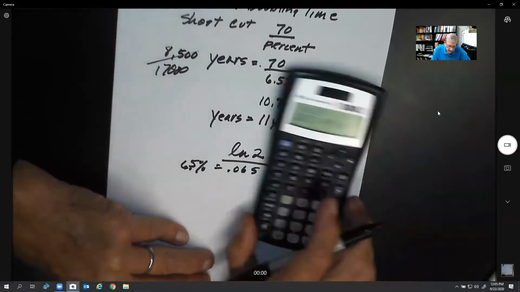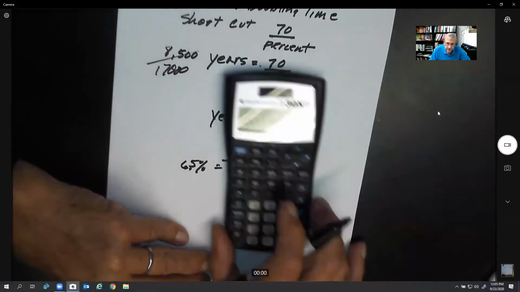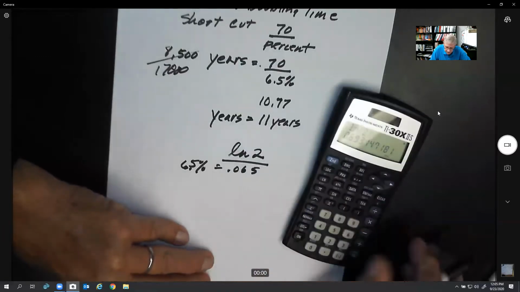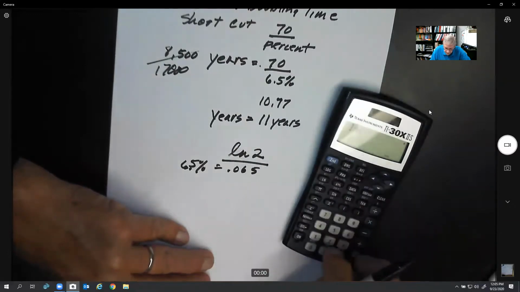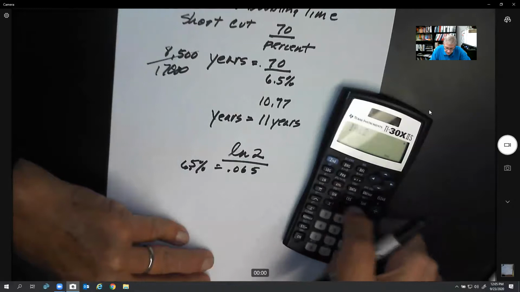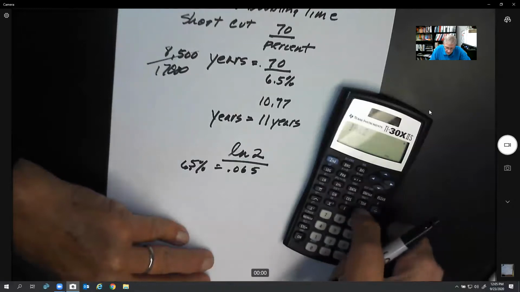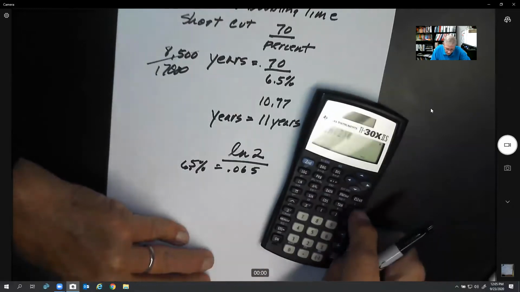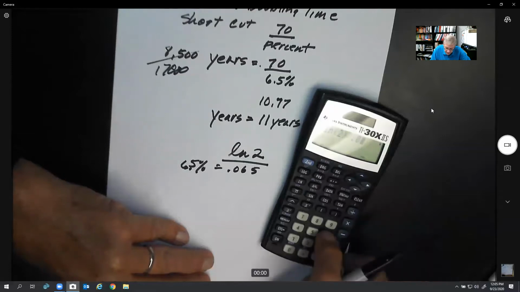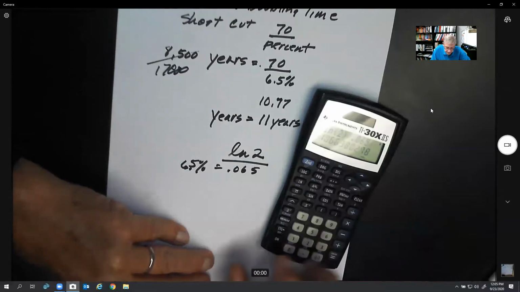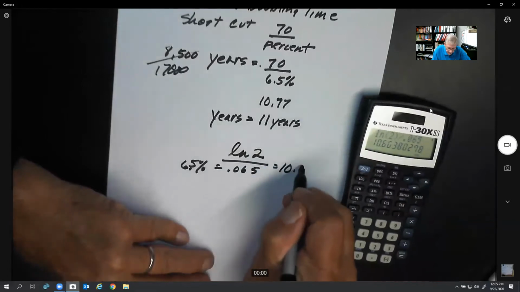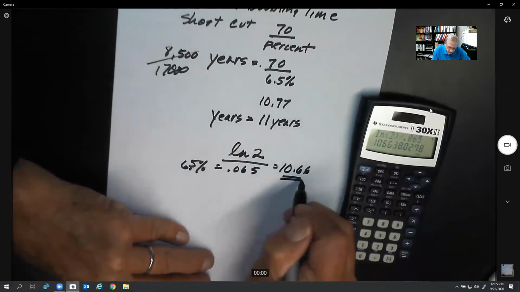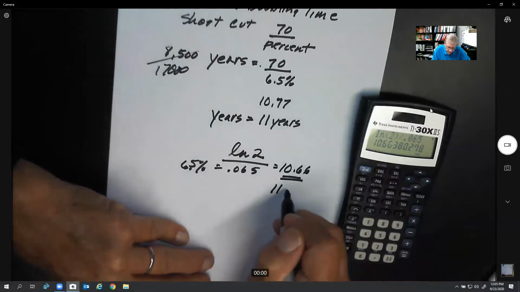It comes out to about 0.70. Okay. So I'm going to hit ln2, but I need to finish the parentheses, divided by 0.065, 10.66. And this is actually more accurate than what the book has. But again, rounding it off, it's about 11 years.